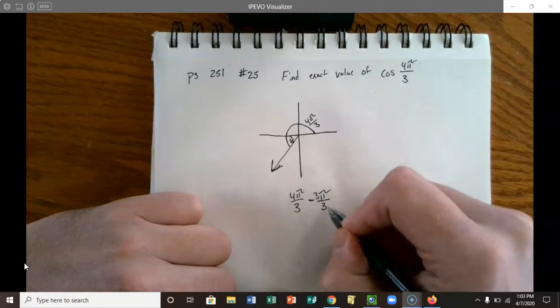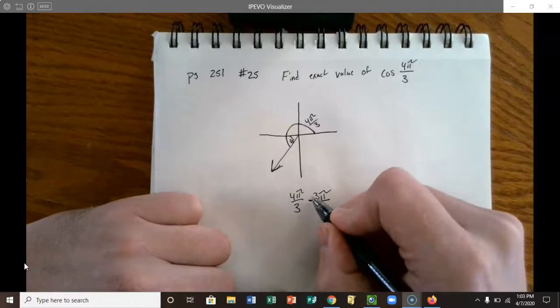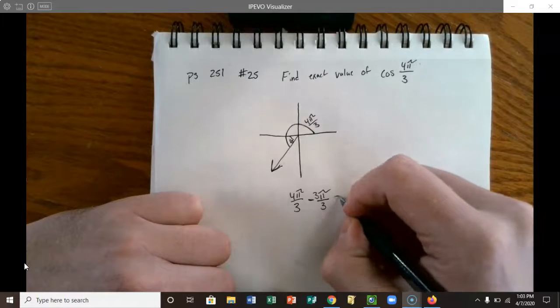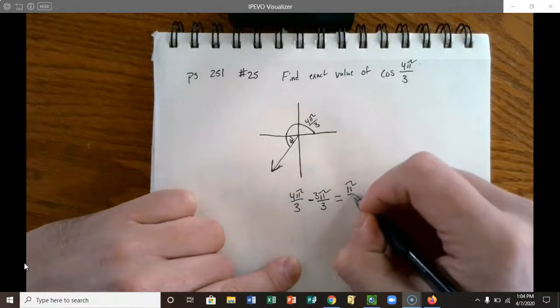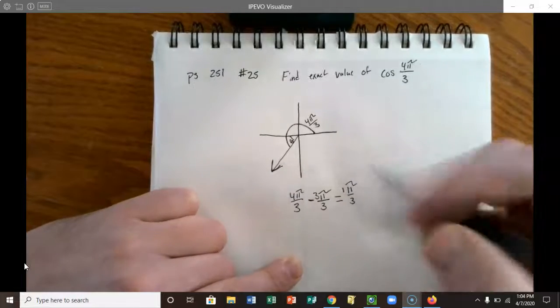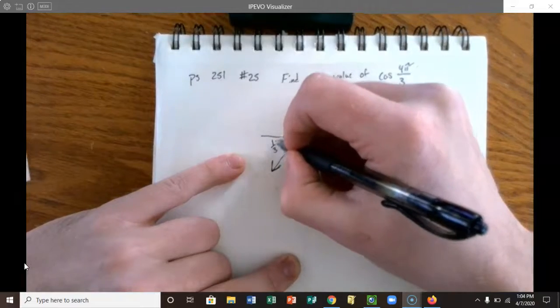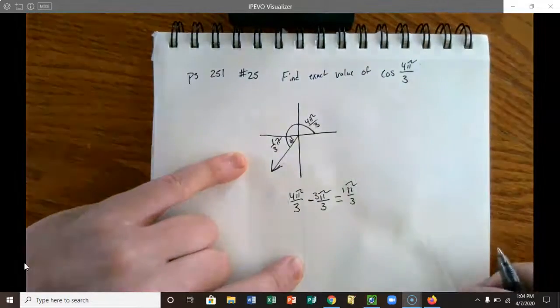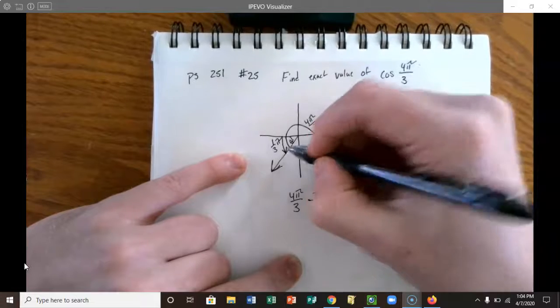So if we multiply both the numerator and the denominator by 3 to get our common denominator, you can see that our reference angle is pi over 3, or 1/3 pi. That's the distance from here to here.